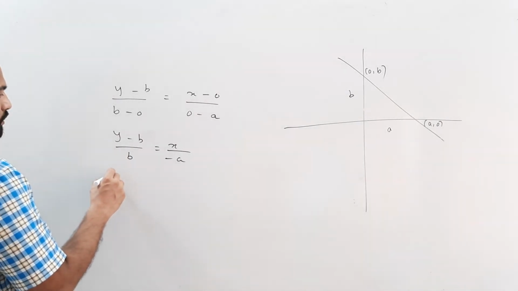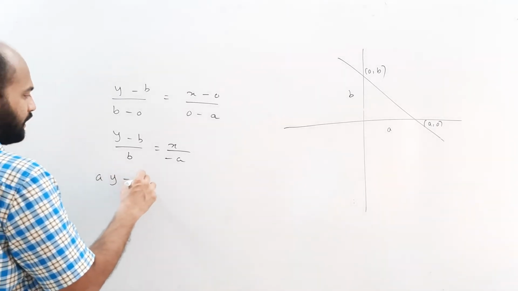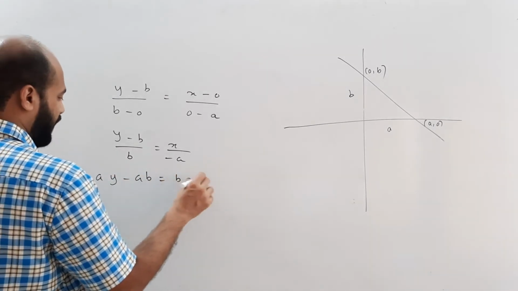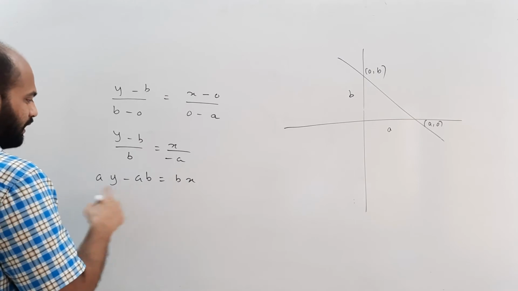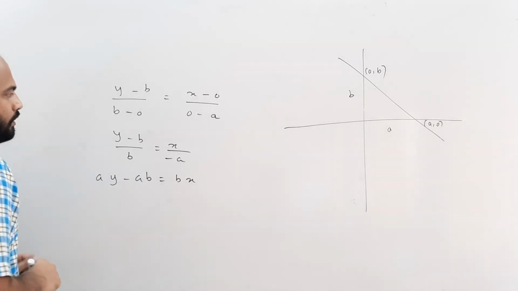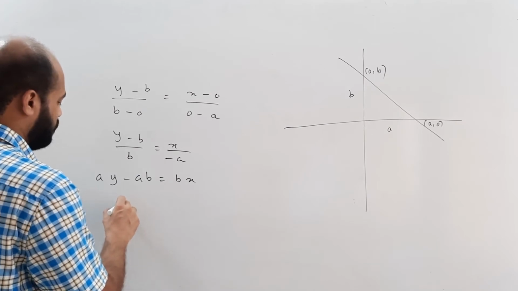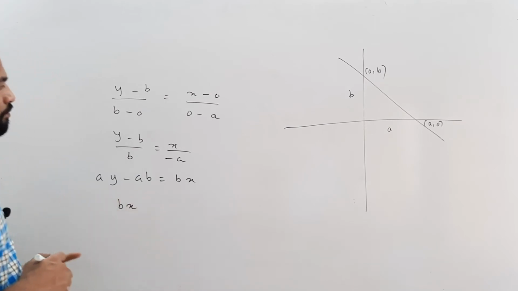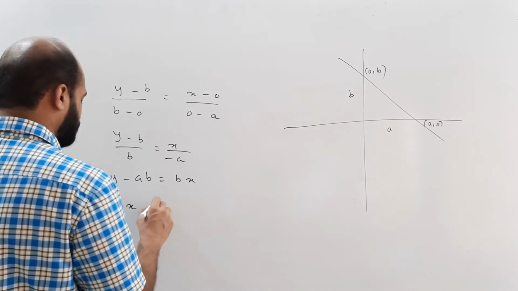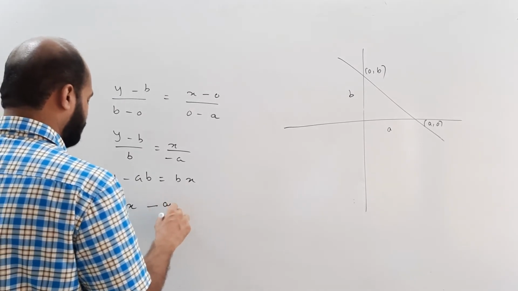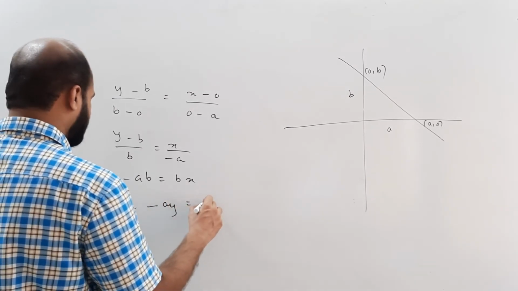So I'm going to get ay minus ab is equal to bx. Next we will rearrange this and also we will get it as bx minus ay is equal to ab.